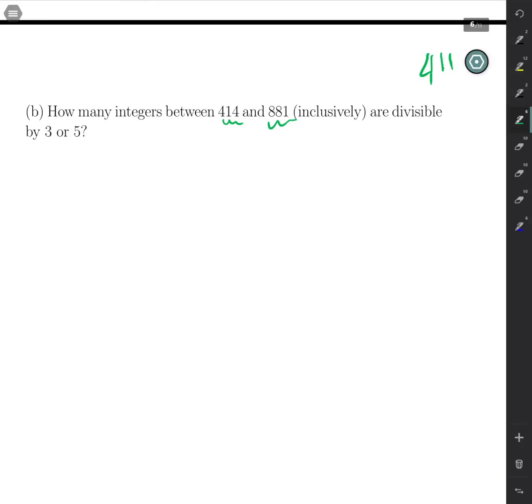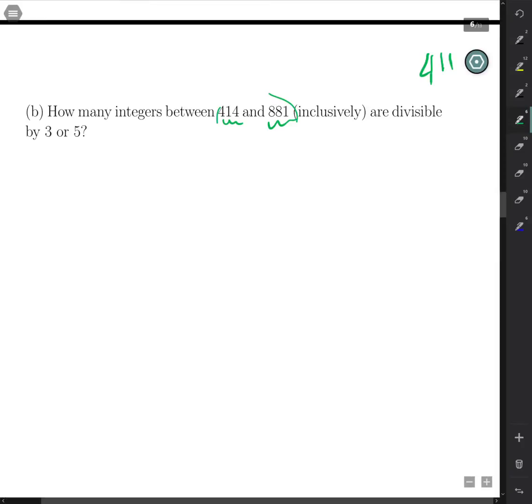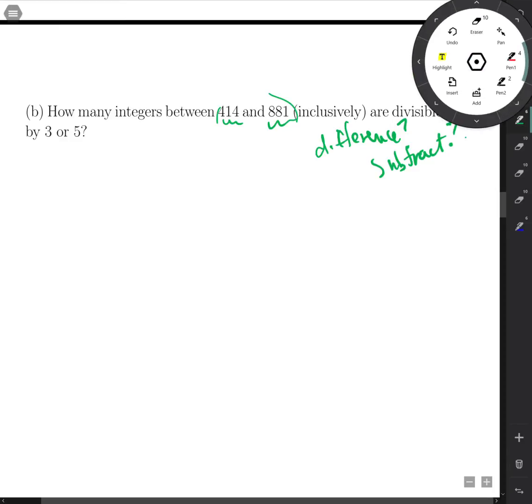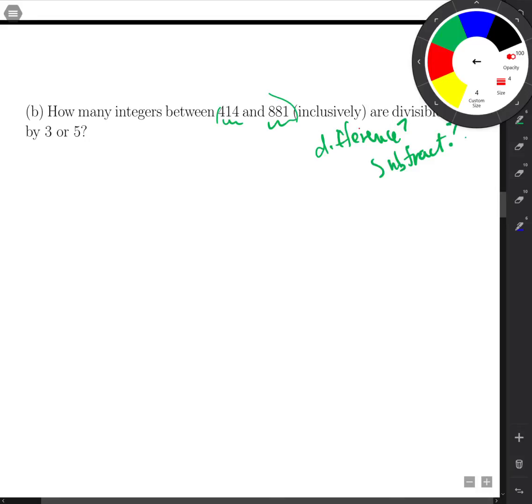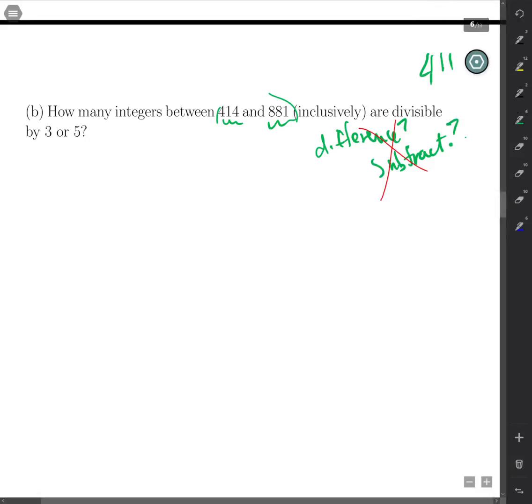Well, you might be inclined to take the difference here, the subtract, and then do the technique that we did before, but that will not work, not in general. It gets the count off, and you will get inaccurate numbers doing that.